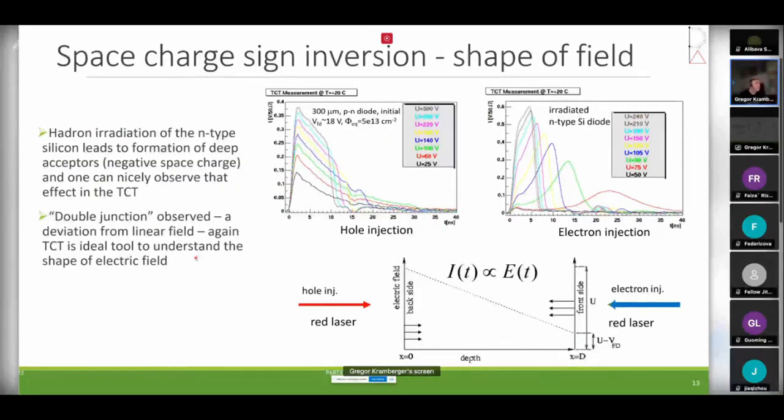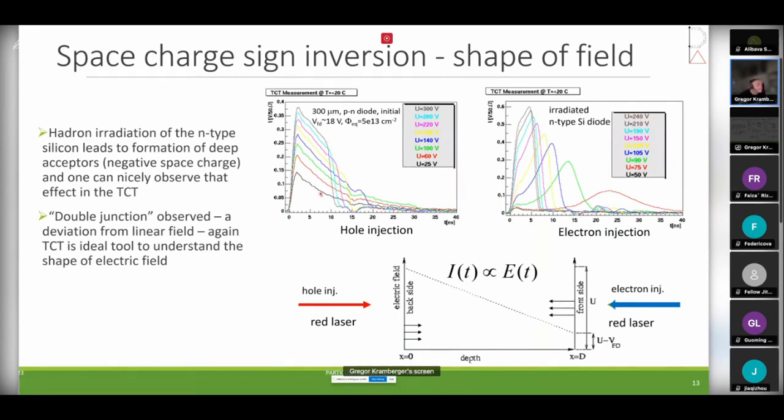Now, this is a bit off, maybe not so educational, but what we studied in the past is radiation damage of this. Once they are operated in different environments, they change their properties. This is an example of the same diode as you've seen before. Remember, before the current for the hole injection was low, and then it increased. As you can see, after some damage, the same current has a different shape.